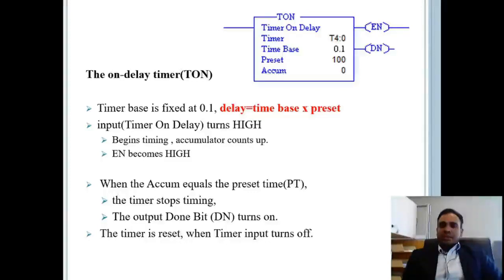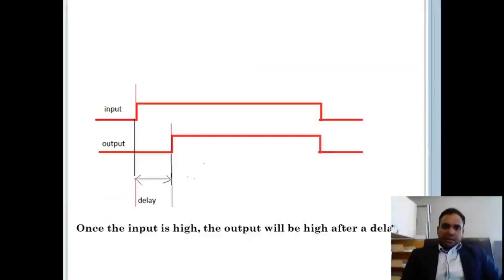The output done bit turns on, and the timer is reset when the timer input is off. Diagrammatically, we can represent the operation as shown in the figure. The output is high only after a delay. So the operation of the on delay timer is, once the input is high, the output will be high after a delay.